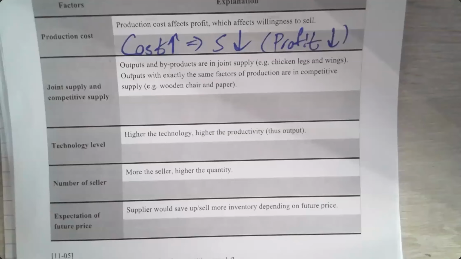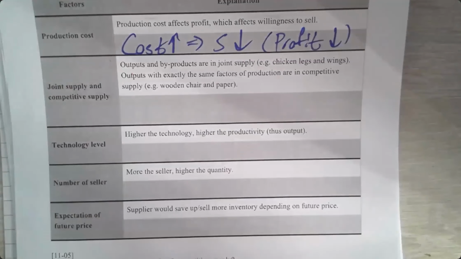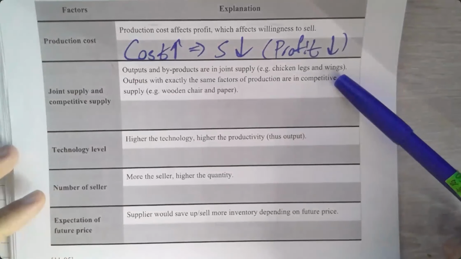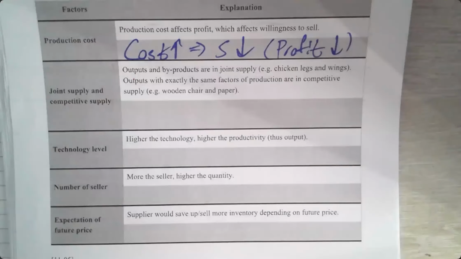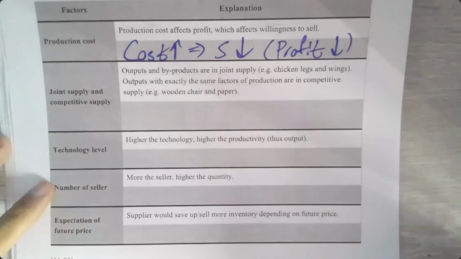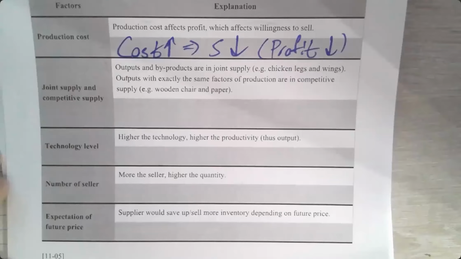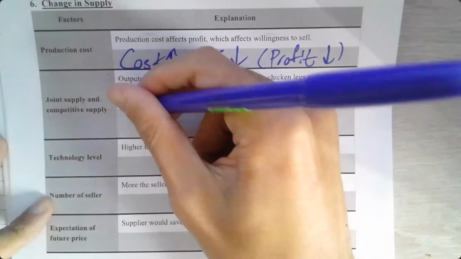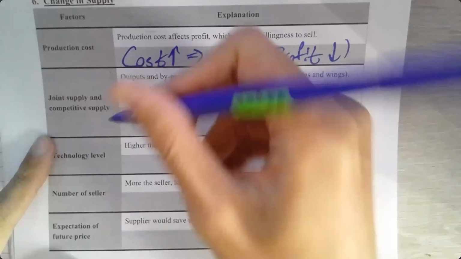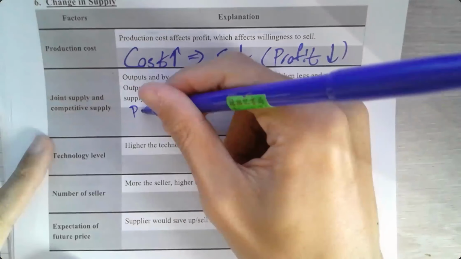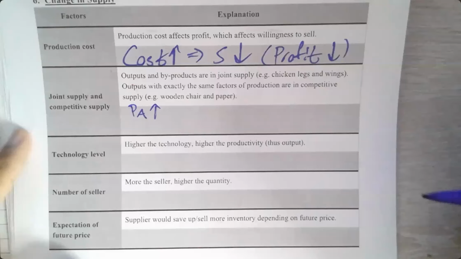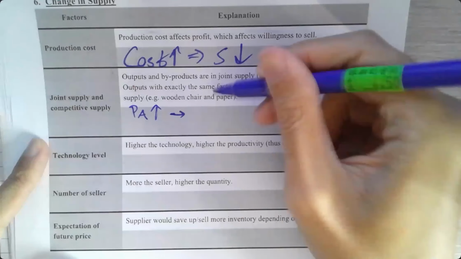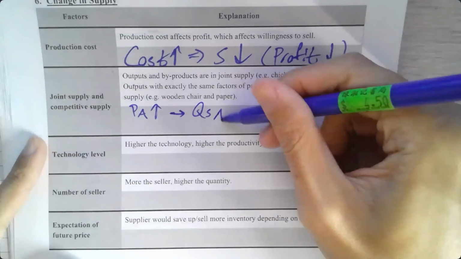When you kill a chicken for its legs, naturally you get more chicken wings. They are byproducts. Another example: plants and oxygen. If you grow more flowers, you get more oxygen. These are what we call joint supply. In a joint supply relationship, what will happen? When the price of A increases, obviously the quantity supplied of A increases.